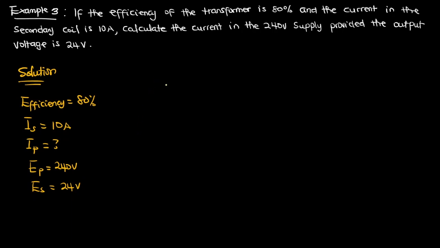All right. So the efficiency of a machine is equal to power output over power input, multiplied by 100. That is what is going to give you the efficiency in percentage.